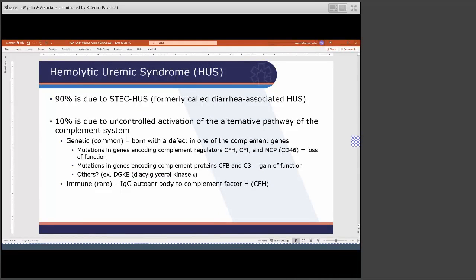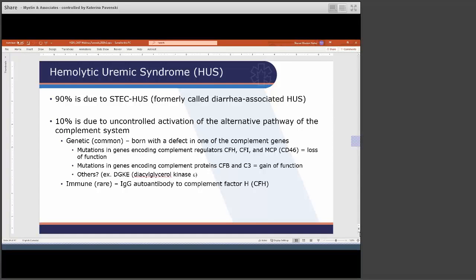We're going to shift gears and talk briefly about aHUS before we launch into the actual discussion of how to use the order set. So aHUS, the overwhelming majority of cases that you will encounter probably will be due to STEC aHUS, or aHUS that is caused by Shiga toxin bacteria.